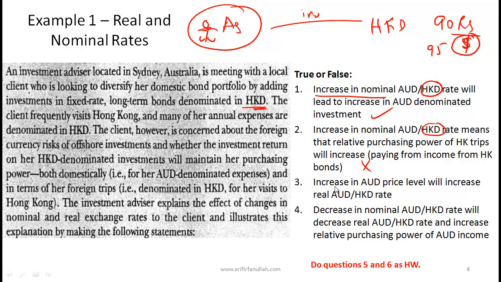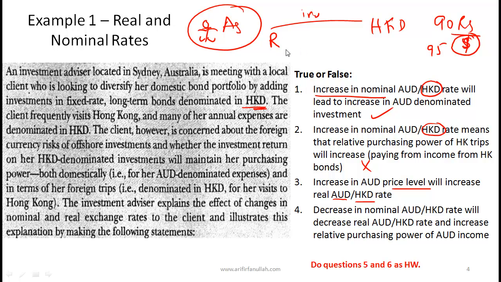What about the third statement? Increase in the Australian price level will increase the real Australian dollar to Hong Kong dollar rate. What does this mean? At this point we need to go back and refresh our equation.